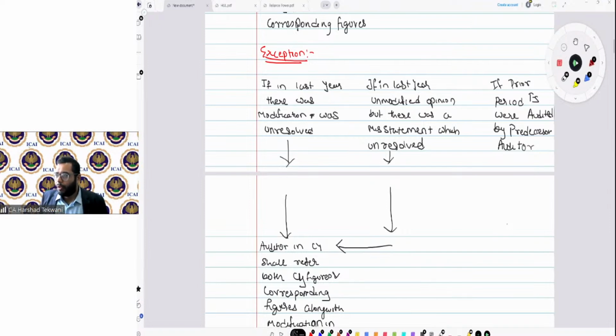If the financial statements of the prior period were audited by a predecessor auditor and the auditor is permitted by law to refer to the predecessor auditor's report, then I am required to state in the other matter paragraph that the financial statements of the prior period were audited by the predecessor auditor, the type of opinion expressed by the predecessor auditor, and the date of the audit report. So I will provide the details of that audit report in my audit report.